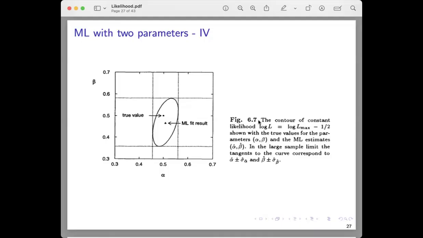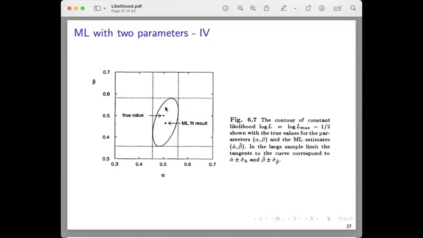That corresponds to the 1 sigma contour. And the tangents of this ellipse give you the 1 sigma for the corresponding individual parameters. So you can always have this 1 sigma contour, 2 sigma contour, and so on.